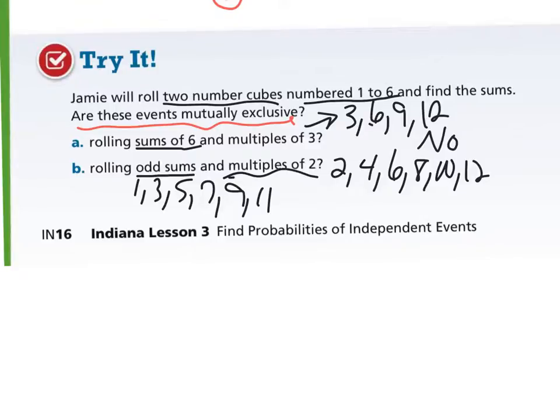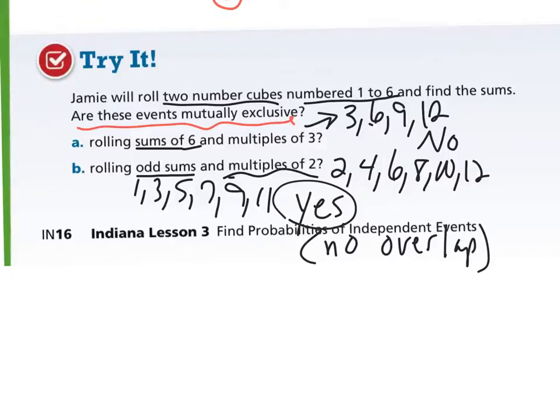So are they mutually exclusive? Yes, they are exclusive. There's no overlap. Okay, again, that's a way to think about it. No overlap if they're mutually exclusive. In this case, there was an overlap, and so they were not mutually exclusive.